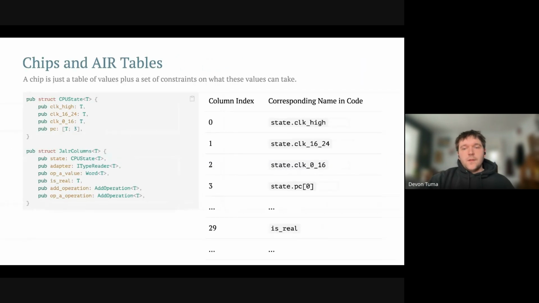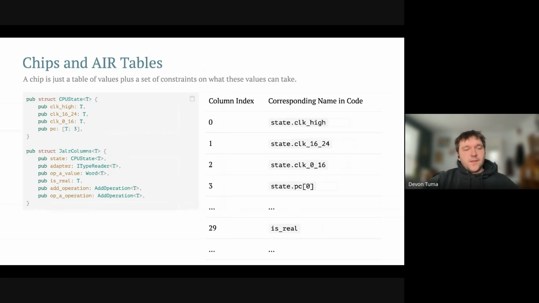So, some context on what we're actually verifying before I describe how we extract these constraints out. For each of the chips, I'm going to be using the JLR instruction as the running example throughout this.